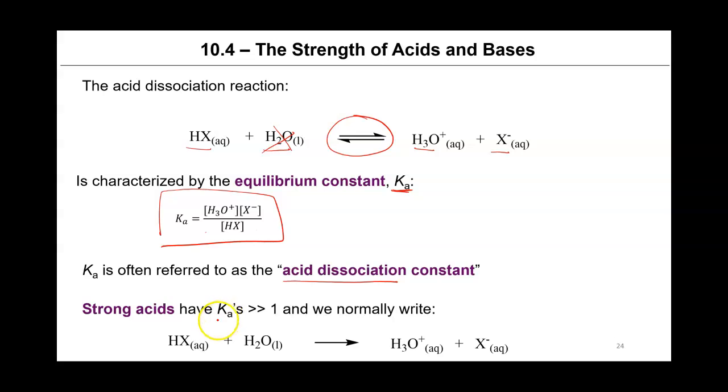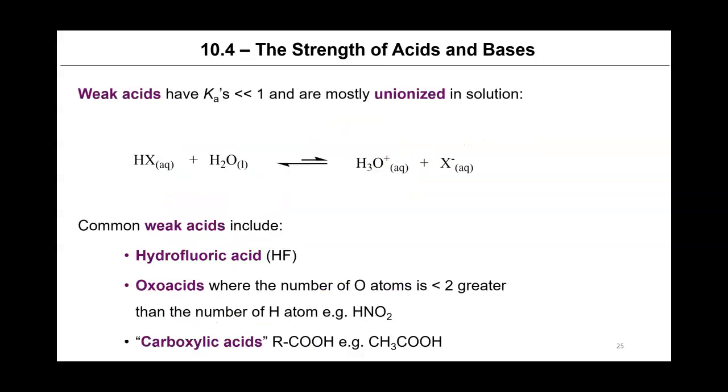What's important to recognize is that strong acids will have Kas that are much, much bigger than 1. And so we'll tend not to use the equilibrium arrow in that case, but rather just write a conventional arrow pointing to the right. Now, weak acids have Kas a lot less than 1 and are mostly unionized in solution.